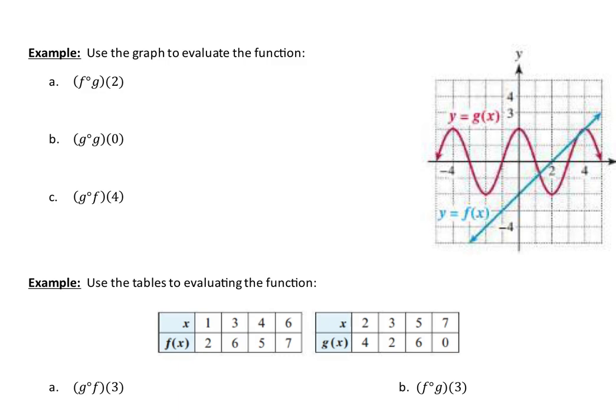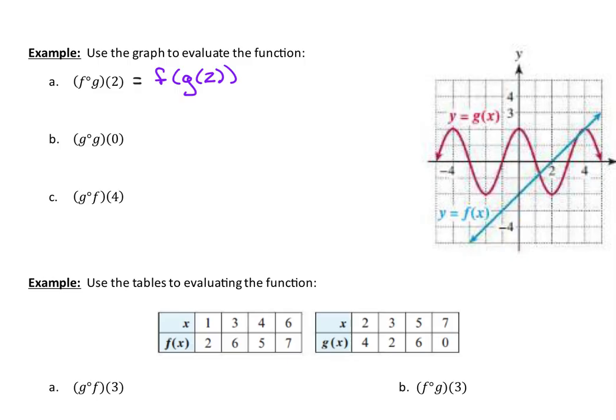And the first thing I'm going to do is rewrite this using our other notation. And so when we rewrite this, we are going to get f parentheses, g parentheses, 2, and then we're going to close all of our parentheses.